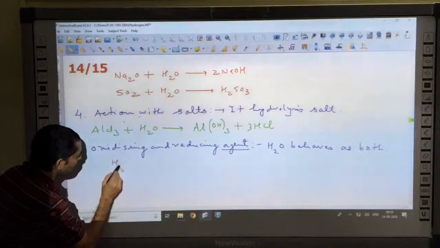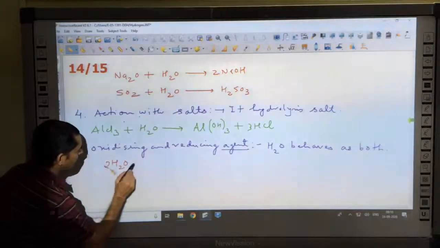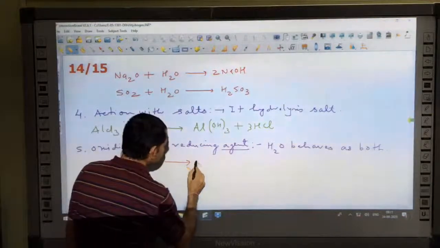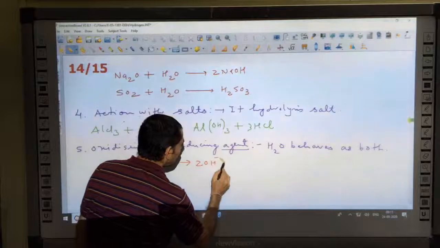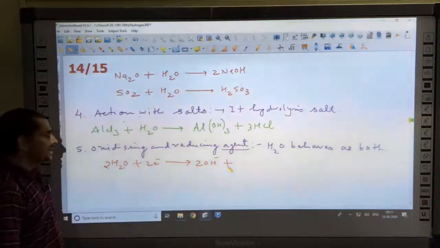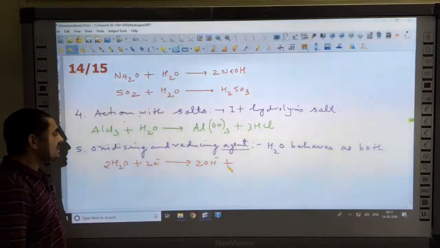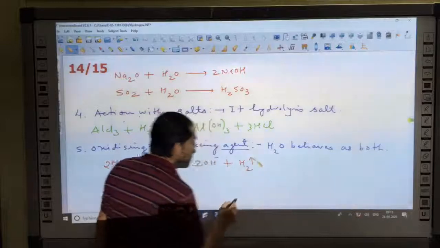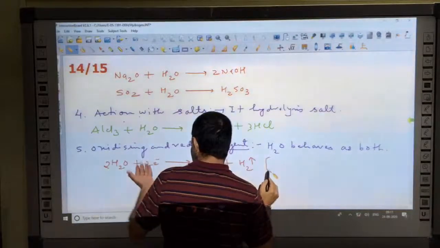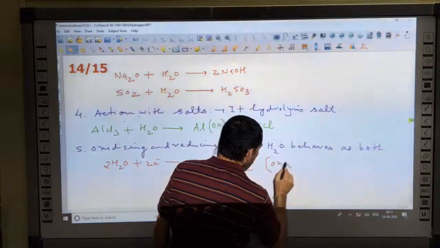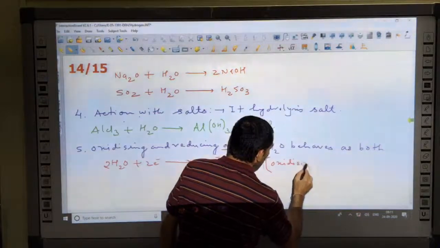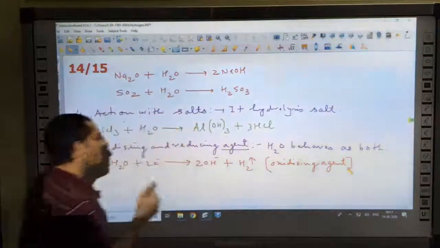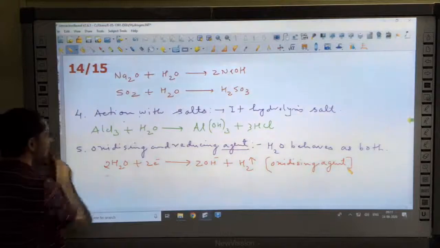This is water plus electron. It is converting into 2OH negative ion plus it will liberate hydrogen, H2. In this reaction it is behaving as what? Oxidizing agent. Okay. Now you can write a reaction of water as an oxidizing agent.